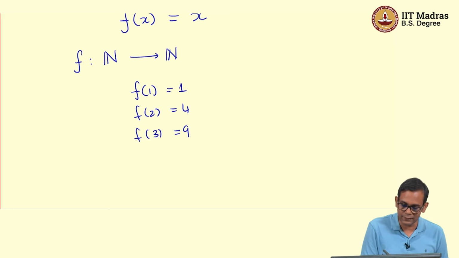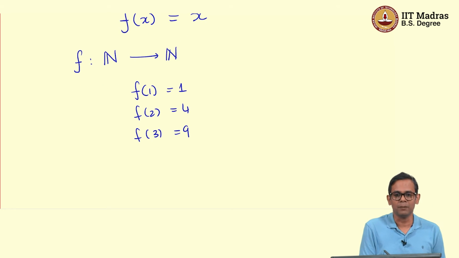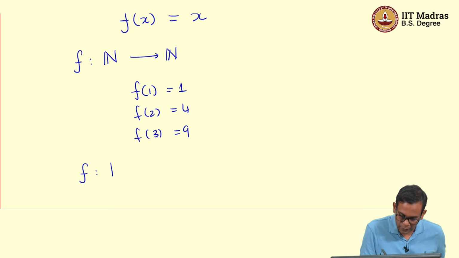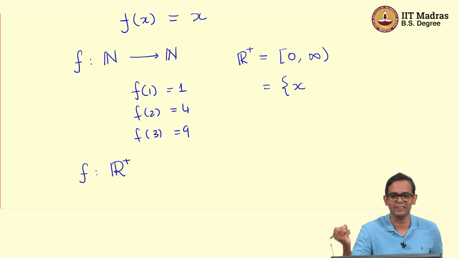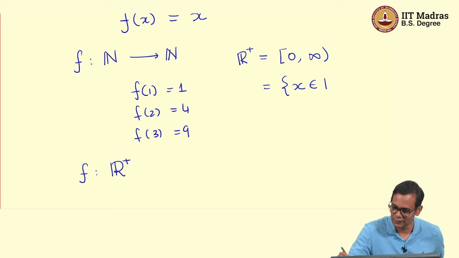But if we look at this as a function from positive real numbers to positive real numbers, so I will use R plus, some of you may be familiar with this as the interval 0 comma infinity. So, R plus is also the set of all, let us use our set theory notation which you have just learnt, all the real numbers x such that x is greater than or equal to 0.